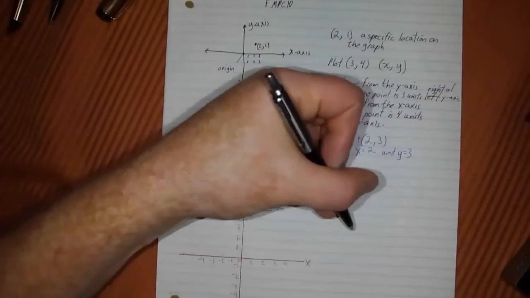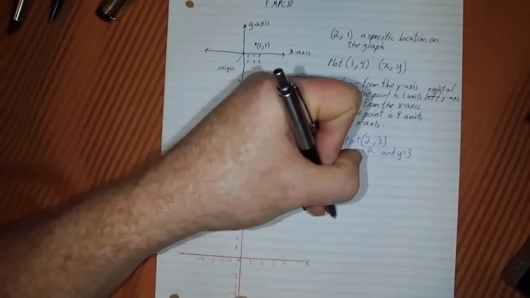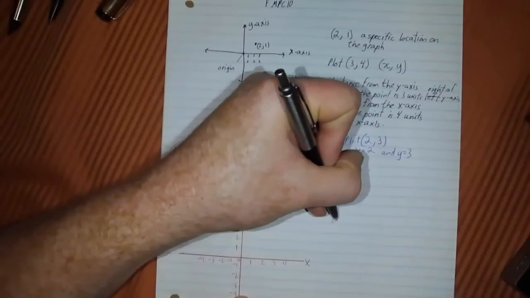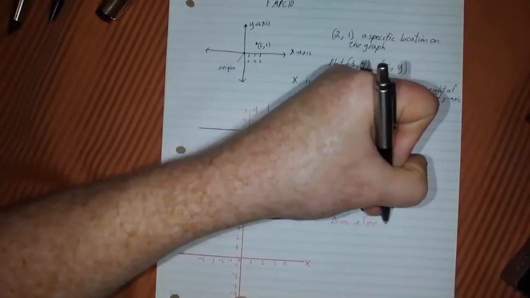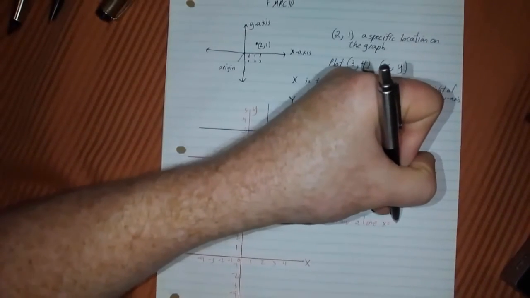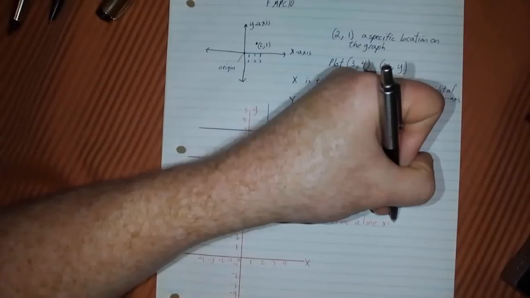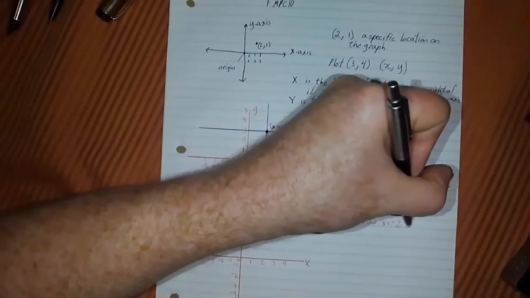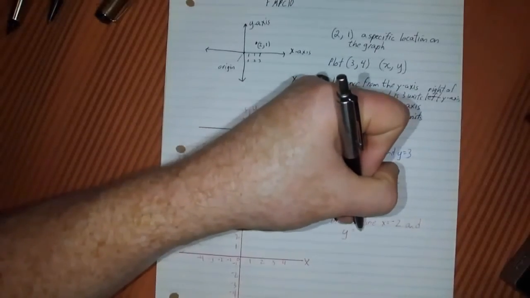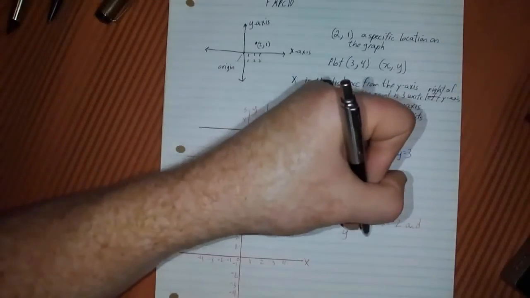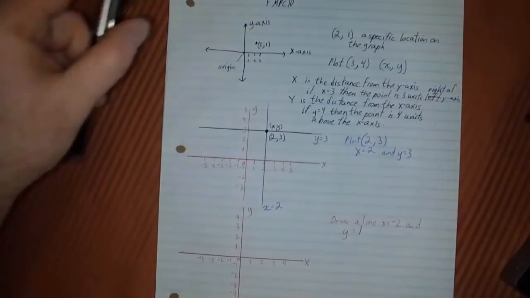All right, let's say I want to draw a line x equals minus 2 and y equals 1.